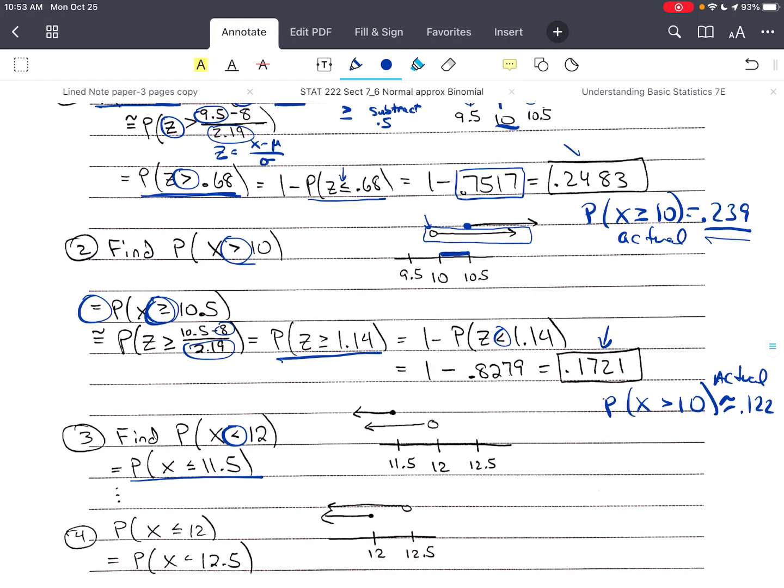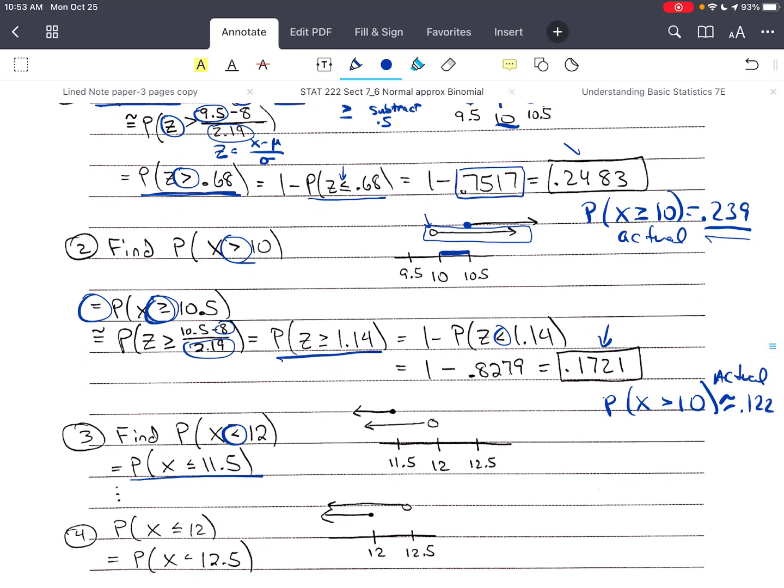We convert, so we could continue to do that and find the probability. I'm not going to do that. I just wanted to give you the starting point because, again, we're going to do the same thing. We're going to take this minus the mean, which is 8, and then divide by the standard deviation, which is 2.19. If I wanted to find the probability that x is less than or equal to 12, I would have to go up to 12.5.